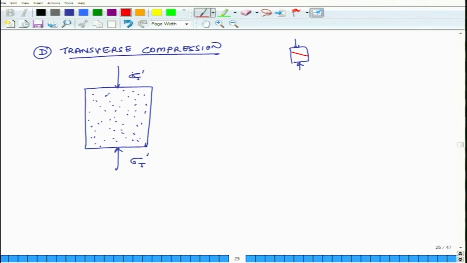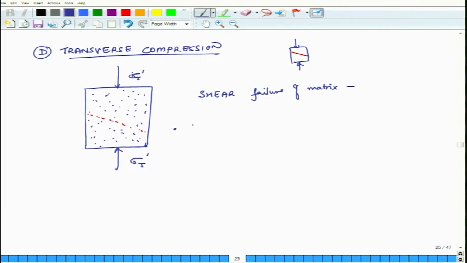So, the same thing can happen in this case, it can fail along a shear plane. Okay. So, here shear failure of the matrix is the dominant feature, and again you can have 2 or 3 scenarios.